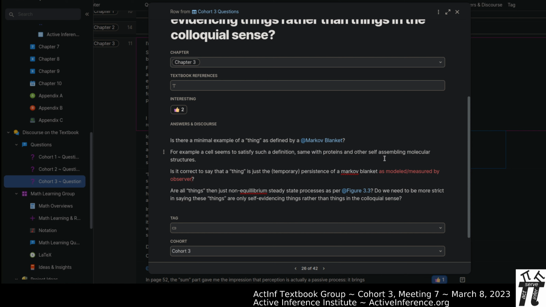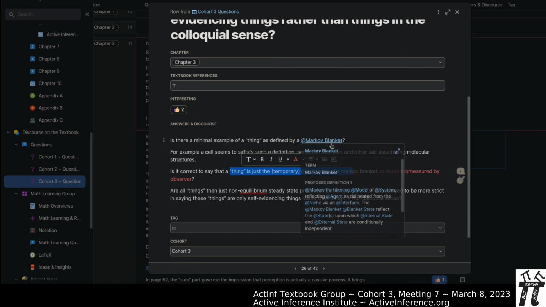I'm sure there are many ways to say it, but the only piece I would add here is that a thing is the modeled or measured persistence of a Markov blanket, because Markov blankets exist on maps. Markov blankets are features of Bayes graphs. They're common features of Bayes graphs.